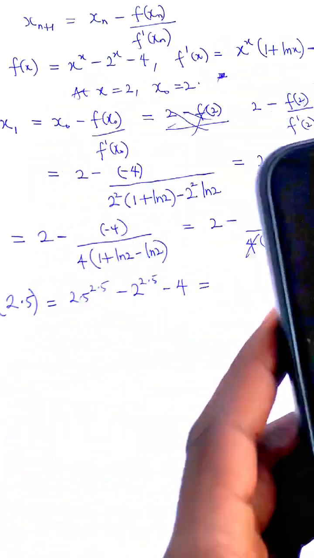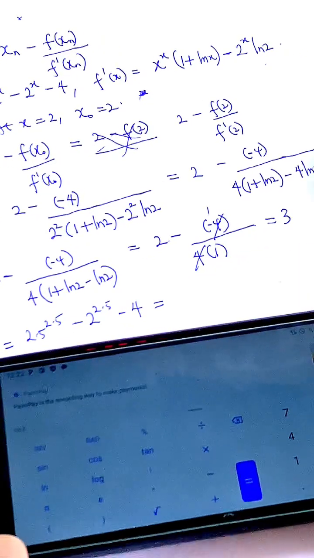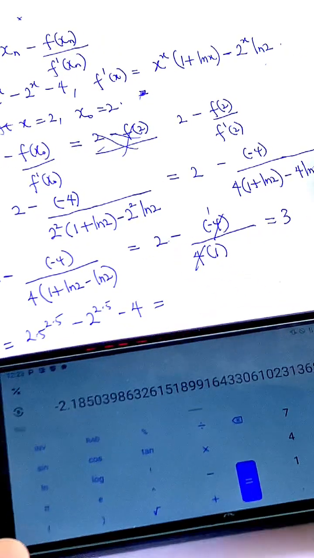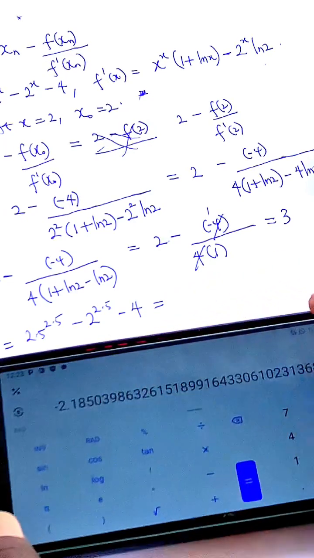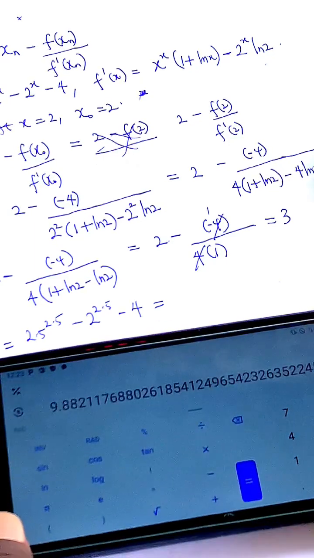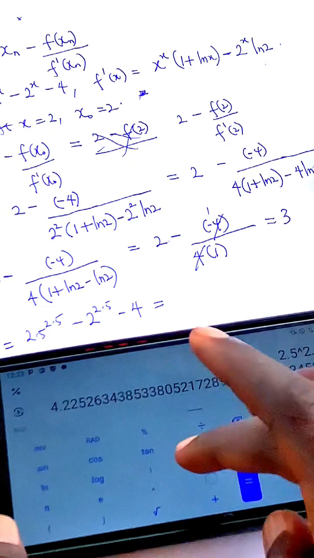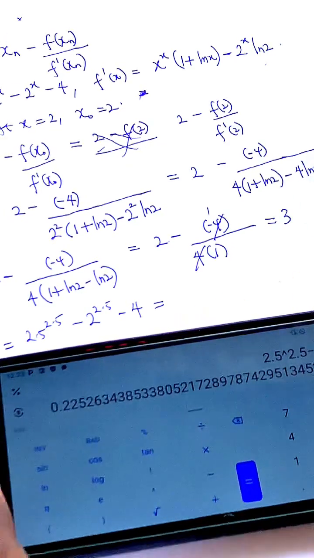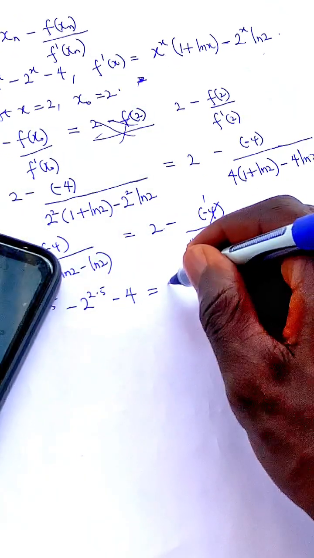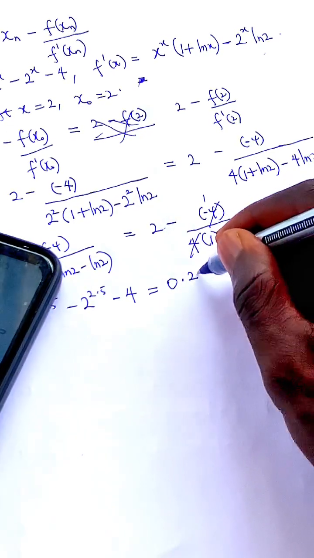I have the calculator in my phone. 2.5 to the power of 2.5 minus 2 to the power of 2.5 minus 4 is equal to 0.2225.